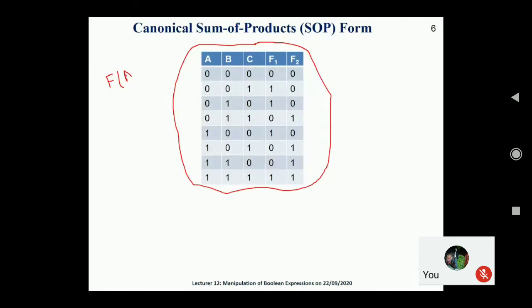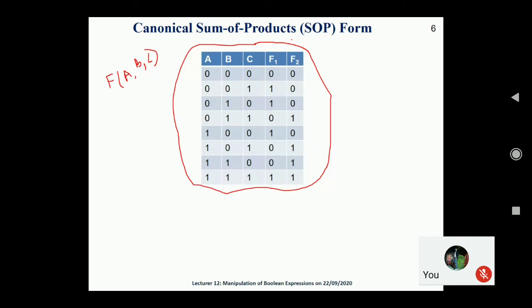Three variables we are using: A, B, and C. And what are the outputs? Suppose we are considering F1 and F2 as the outputs.